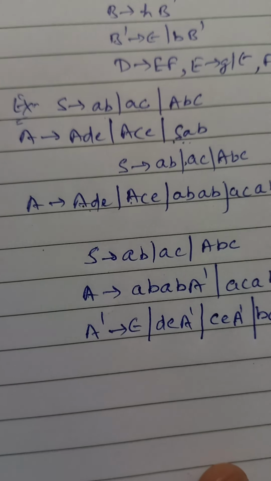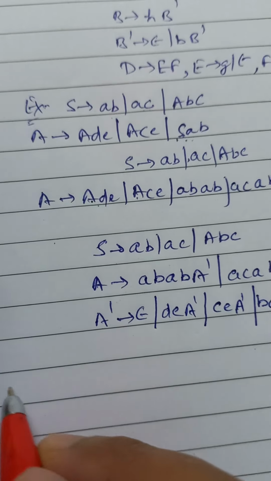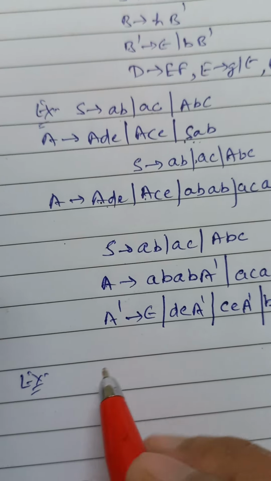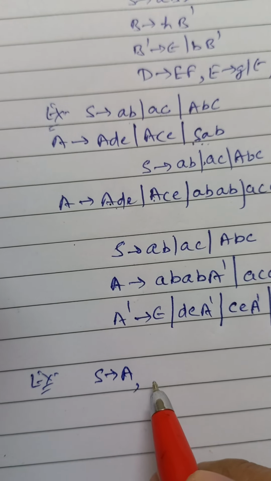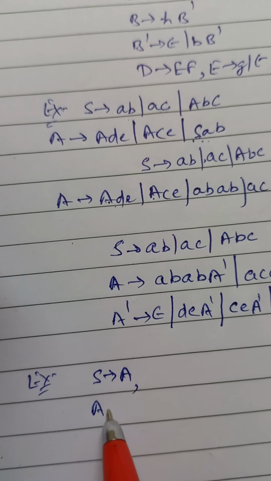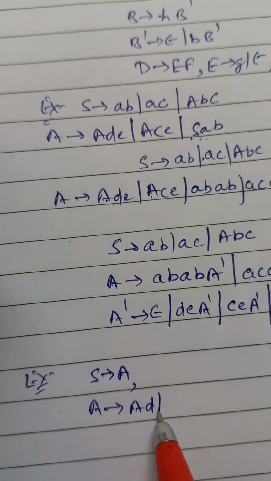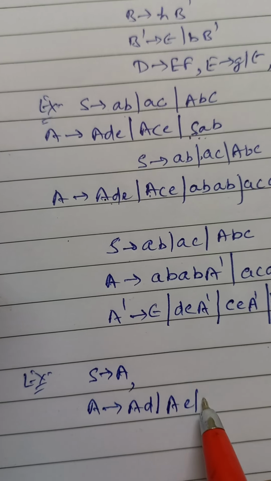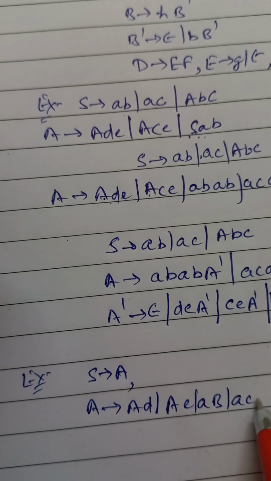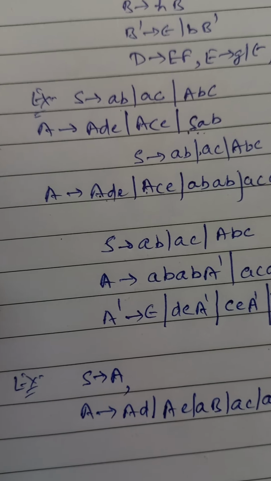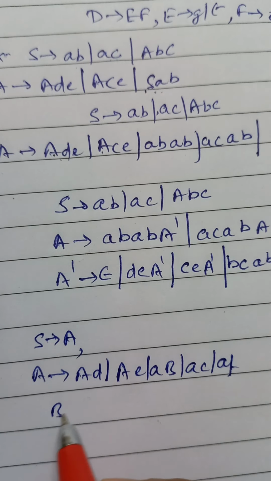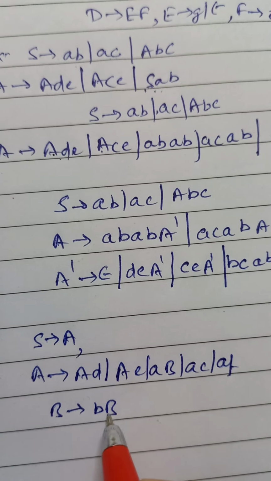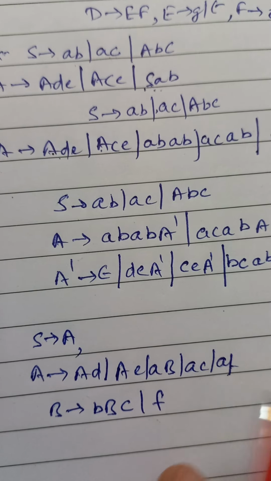Now let's see another example. Suppose we have S tends to A, and A tends to AD | AE | AB | AC | AF. We have this, and B tends to B | C | F. We have this grammar.